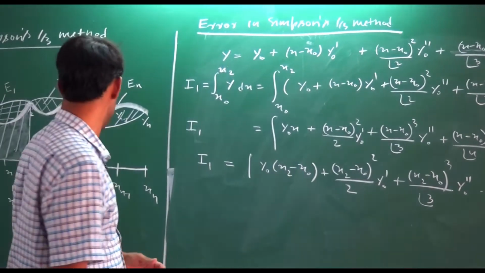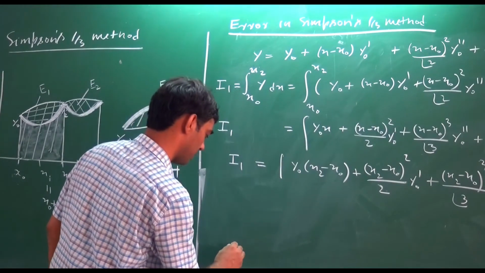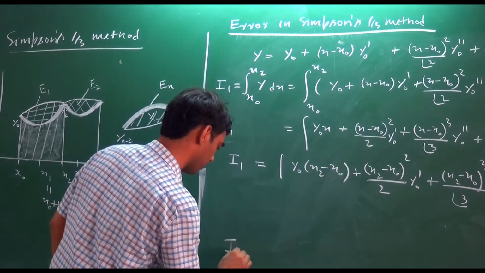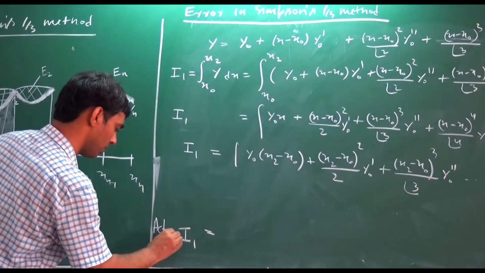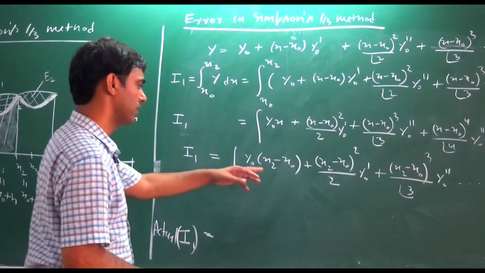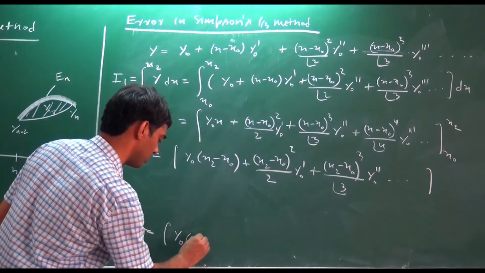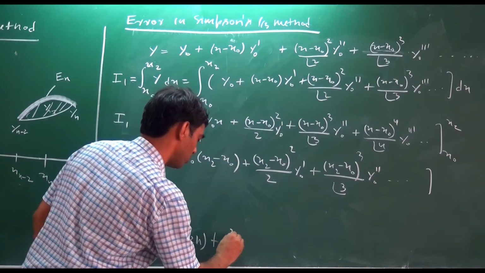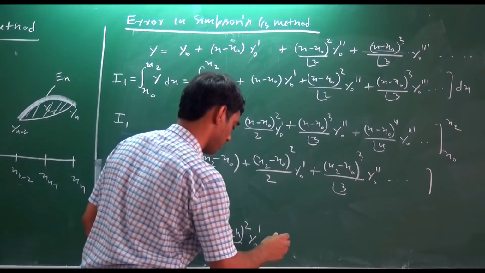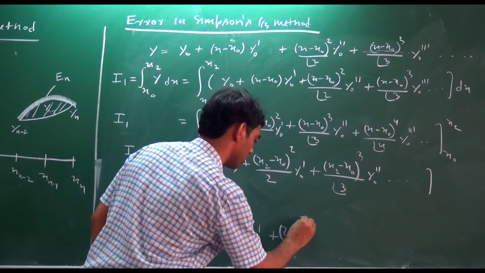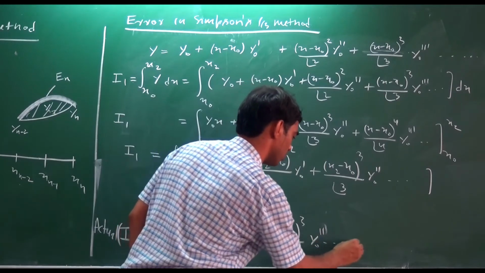So when we write x0 plus 2h, the actual value of I1 becomes y0 times 2h plus (2h) whole square by 2 y0 dash plus (2h) whole cube upon factorial 3 y0 double dash and so on.